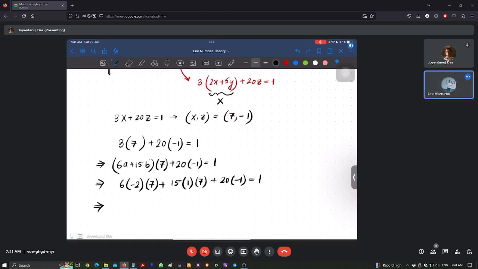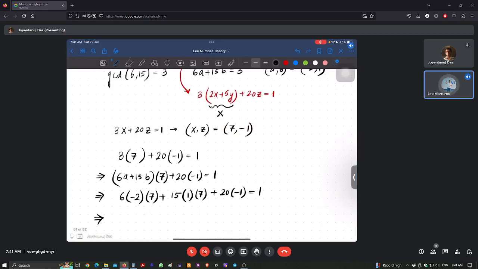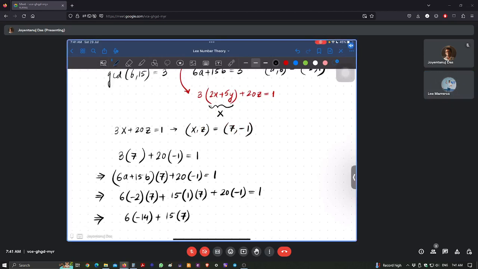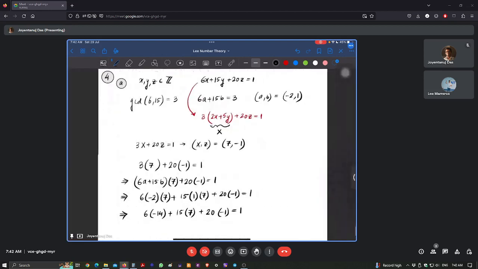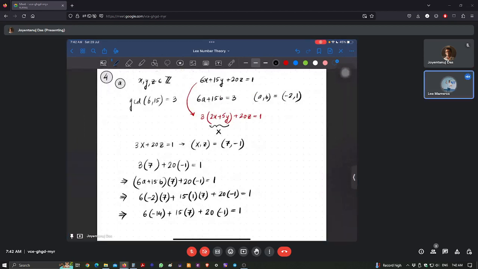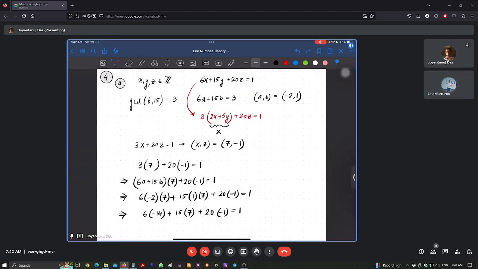So finally, what we are doing is first reducing the three variable equation into two variables, because we know how to solve two variables. So one solution to this equation is (x, y, z) equals (minus 14, 7, minus 1).